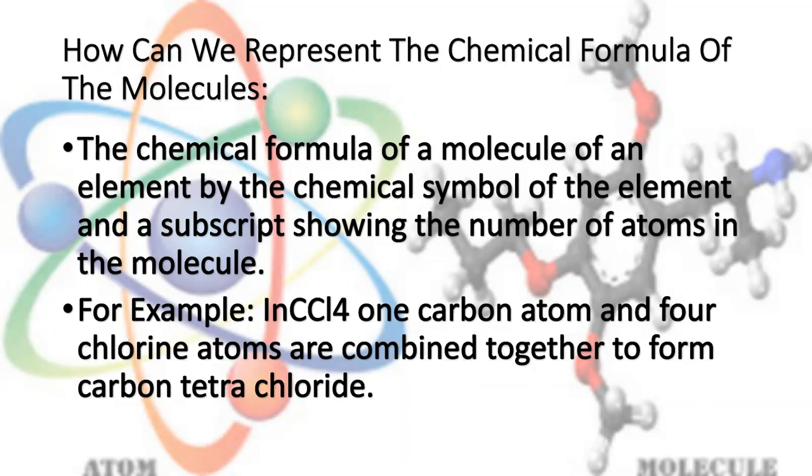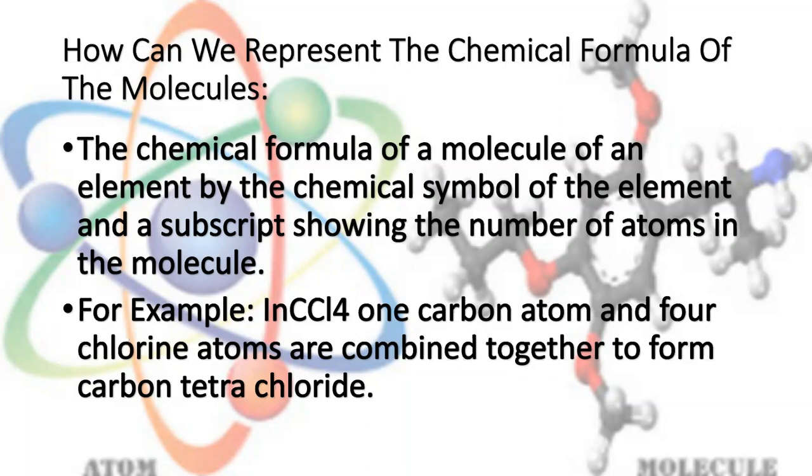But in the case of a molecule, how do we represent it? The chemical formula of a molecule of an element is written by the chemical symbol of the element and a subscript showing the number of atoms in the molecule.